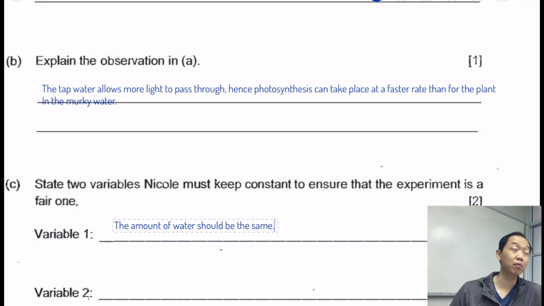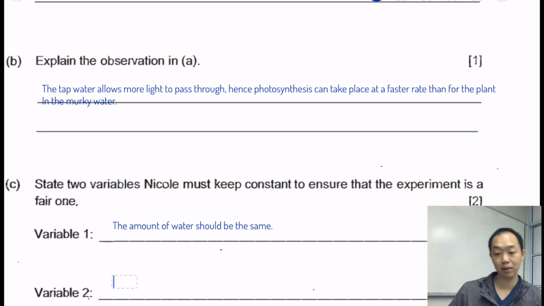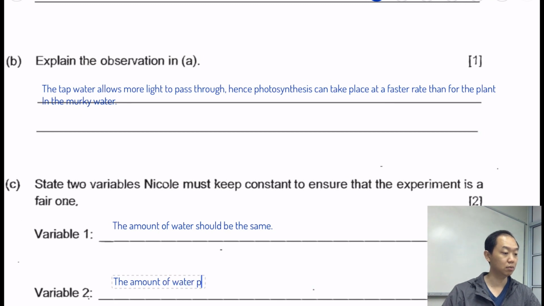Because if you have more water in another container, there will be more carbon dioxide. What else should be kept the same? Look at the diagram. Look at the amount of plants. The amount of plants must be the same, so the amount of water plants as well, because if you have one with more, there's going to be more bubbles.